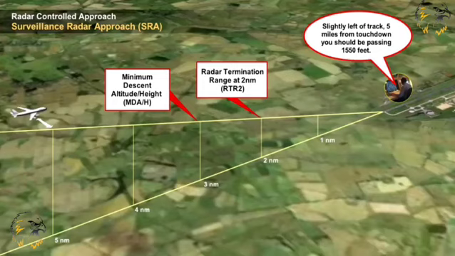If the RTR is 2, distance information is passed, with advisory height information, every 1 nautical mile. If RTR1 is applicable, range and height information is passed every half a mile. As for precision approach radar, the radar controller will be responsible for obtaining a landing clearance from the aerodrome controller and passing it to the pilot.